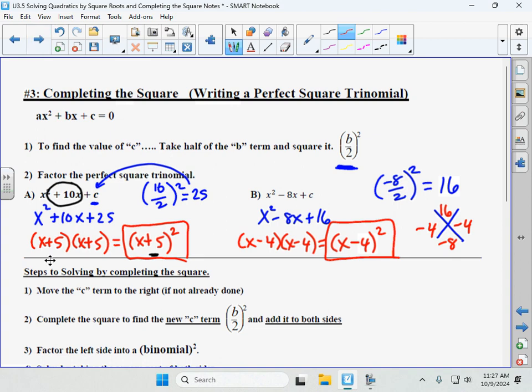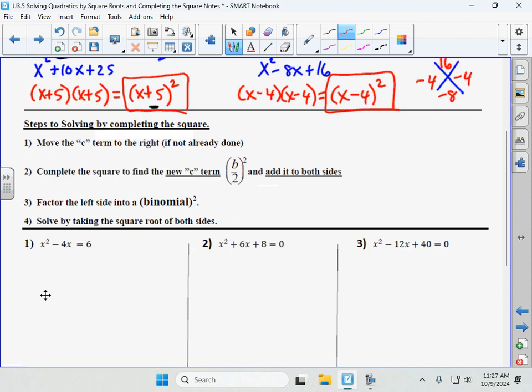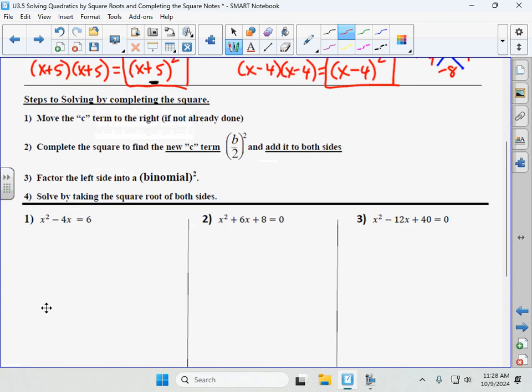All right, so now we're going to go ahead and solve an equation using this method. The first thing we're going to do is move the old c term over to the right side, if it's not already done for you. Remember, the c term is just the number without a variable. Then we're going to complete the square by putting a new c term in its place, and to do that we take half the b term and square it.